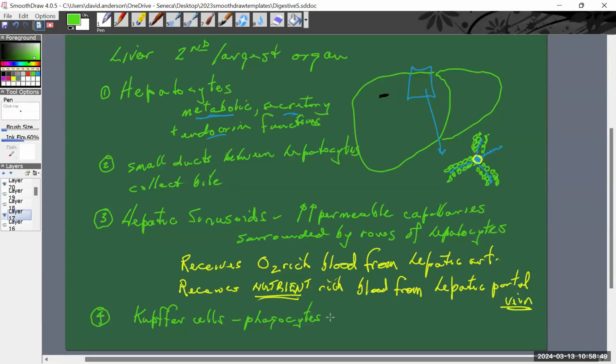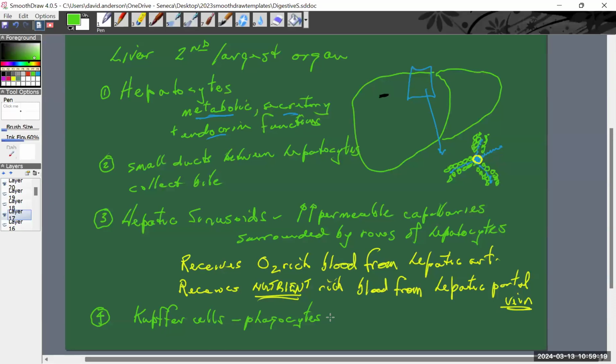They're going to engulf and destroy worn out white blood cells and worn out red blood cells. When we talked about red blood cells, we said that sometimes we break down the hemoglobin and release the amino acids for resynthesis. Well, we're in the right location for that. We're in the liver, where hepatocytes can pick up those amino acids and recycle them, rebuild them into something functional, maybe new hemoglobin.